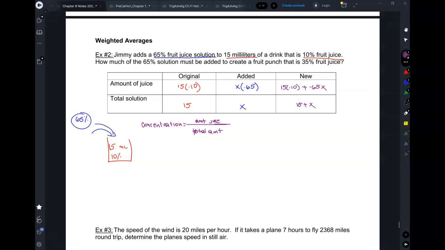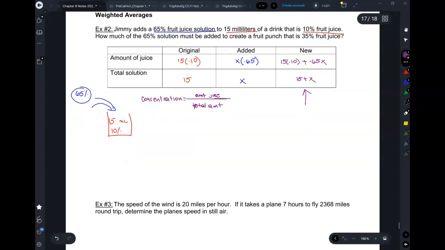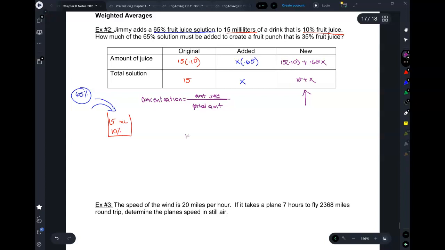Okay? So what we're going to do now is focus on this. The amount of juice over the total solution, how much do we want that to be? 35%, which is 0.35.